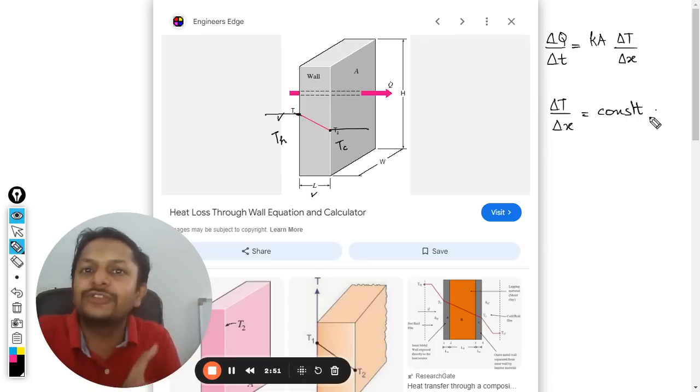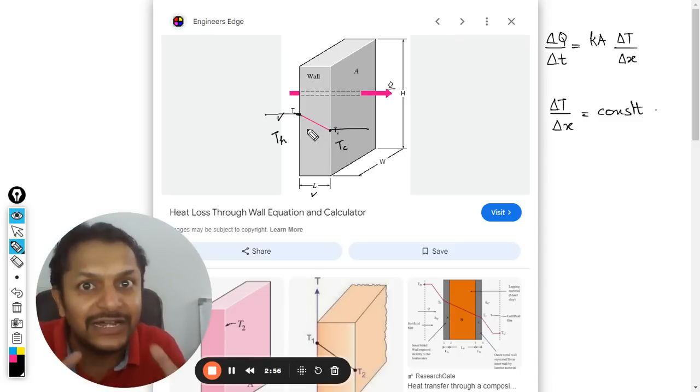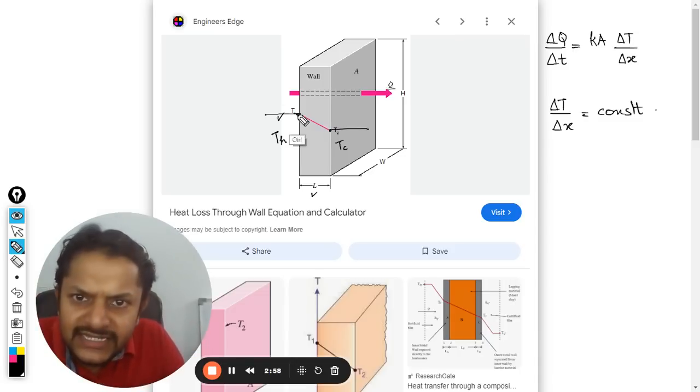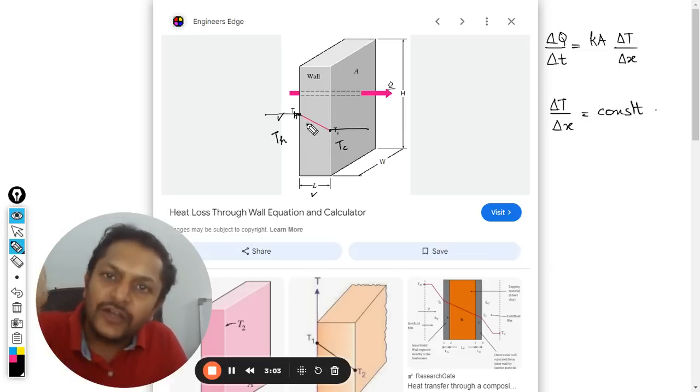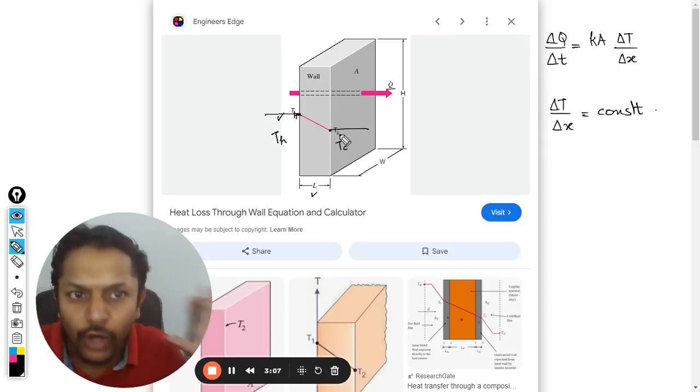It means that the slope is not changing. That is why we have a linear variation of this temperature gradient. So it starts with the higher temperature Th and goes towards Tc with a constant slope, a straight line variation. This is what is happening inside the wall.